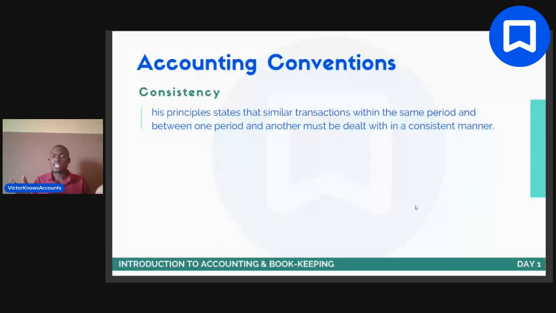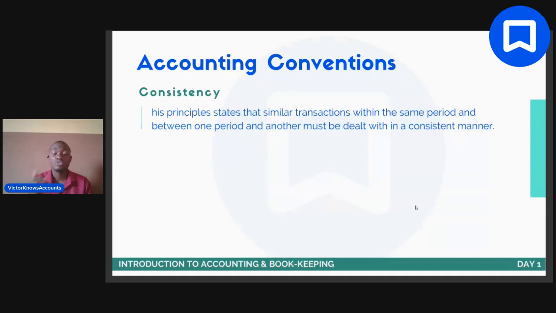Do you understand that? So that's what comparability means. That's how comparability works to show the value of financial information. So consistency is telling us that the same policies should be repeated over time.